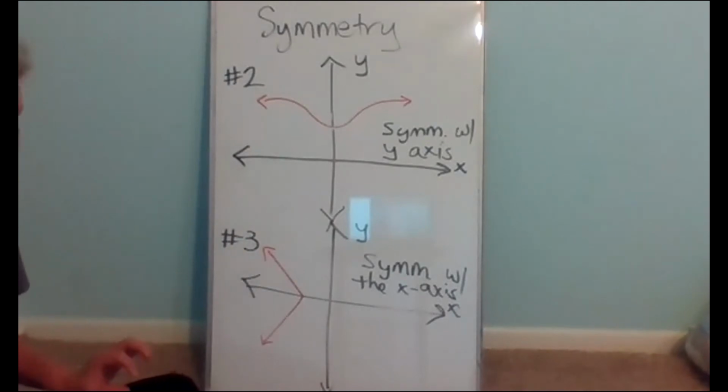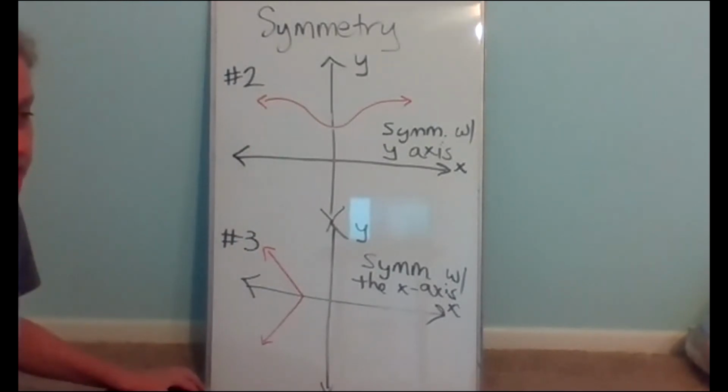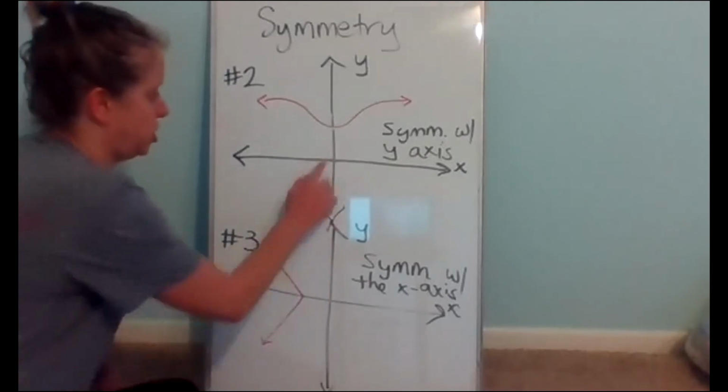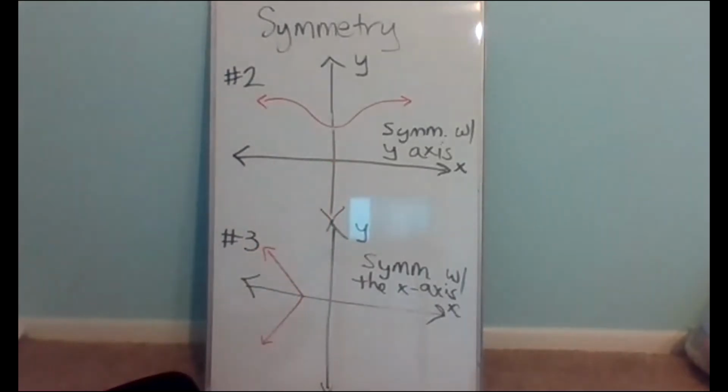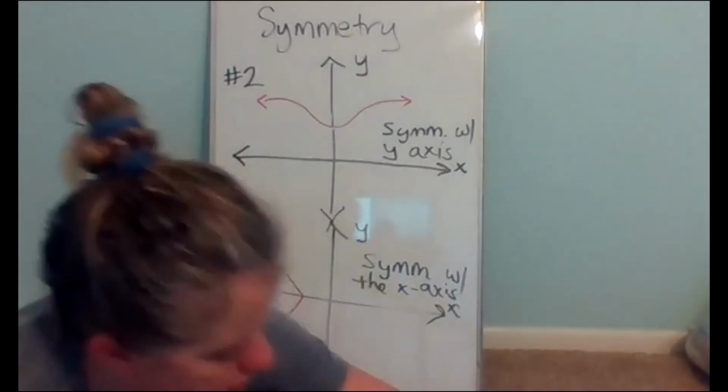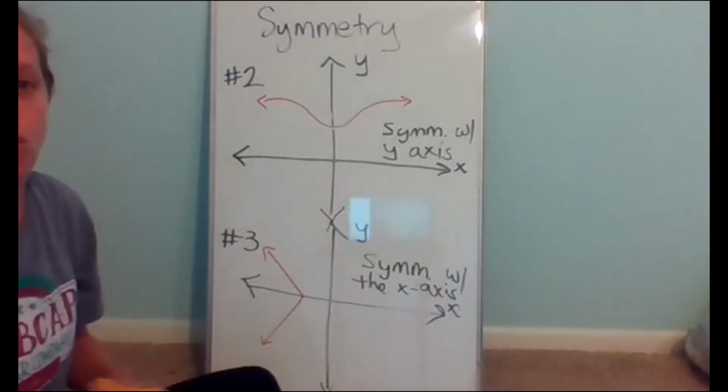Okay, those aren't necessarily too difficult to see. The other kind of symmetry that we're going to talk about is symmetrical with the origin. So here's my origin right here in the middle. So if you're symmetrical with the origin, let's look at number 1. This goes back to number 1 now.